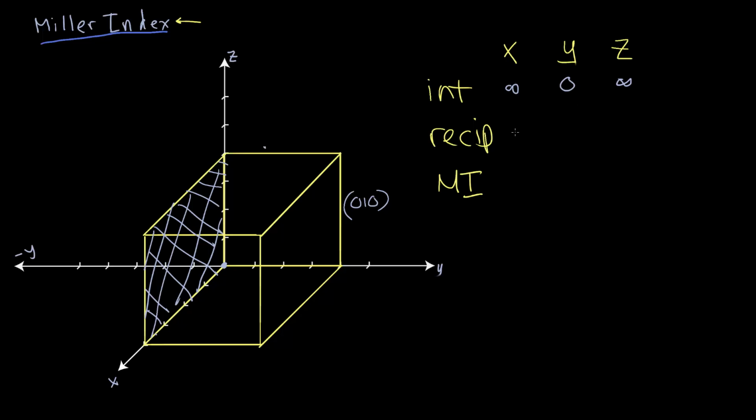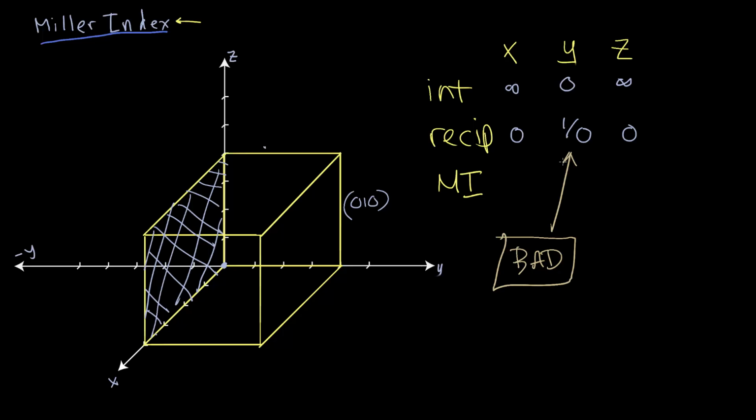So we can take reciprocals again. We get 0 for x and z. For y, we get 1 over 0. And you might have learned in previous math classes, dividing by 0 is really bad. If you try and put it into your calculator, it's going to tell you this is undefined.